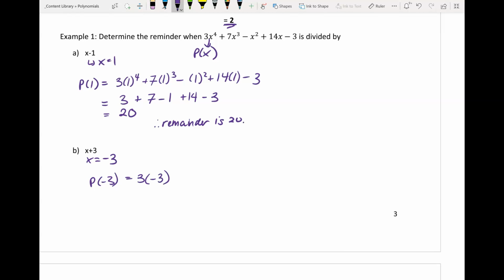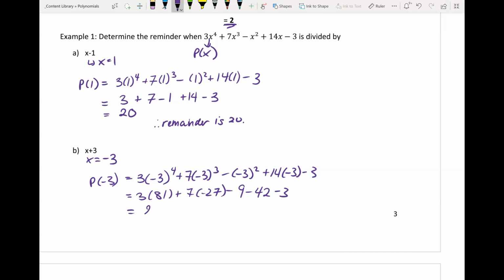So you have 3 times negative 3 to the power of 4 plus 7 times negative 3 cubed minus negative 3 squared plus 14 times negative 3 and then minus 3. So negative 3 to the power of 4, that's positive 81. Negative 3 cubed is negative 27. Negative 3 squared is 9. 14 times negative 3 is negative 42.